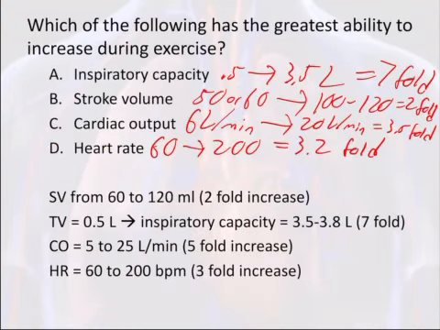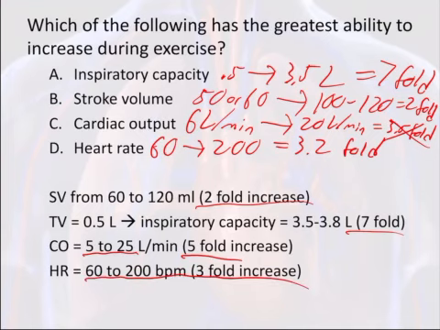There we go. Yeah, so about a 2-fold increase for stroke volume, 7-fold increase there. From about 5 to 25, about a 5-fold increase. So I was a little bit off on my cardiac output one. Sorry about that. I was testing myself, seeing how much I remembered. And then heart rate about 60 to 200. That's about a 3-fold increase. So of these, still our inspiratory capacity is by far the greatest.